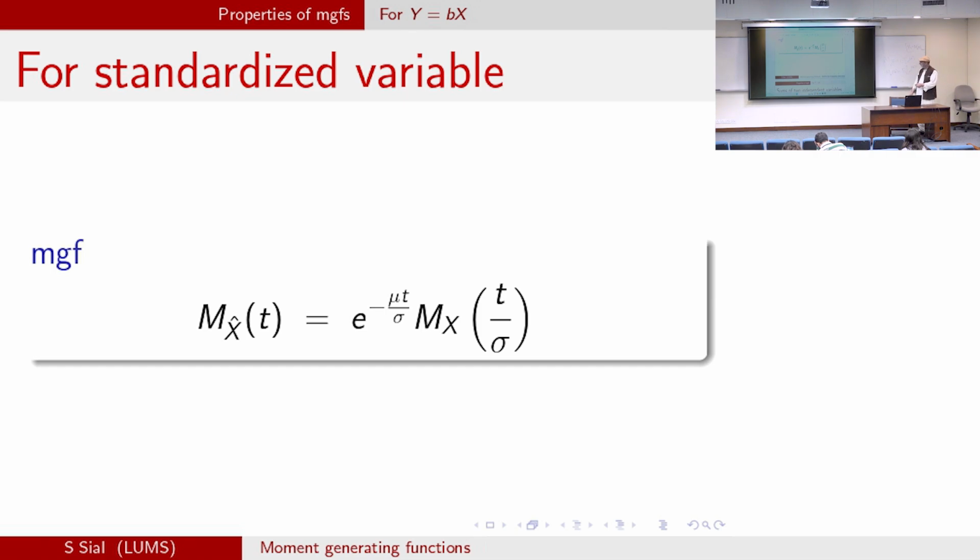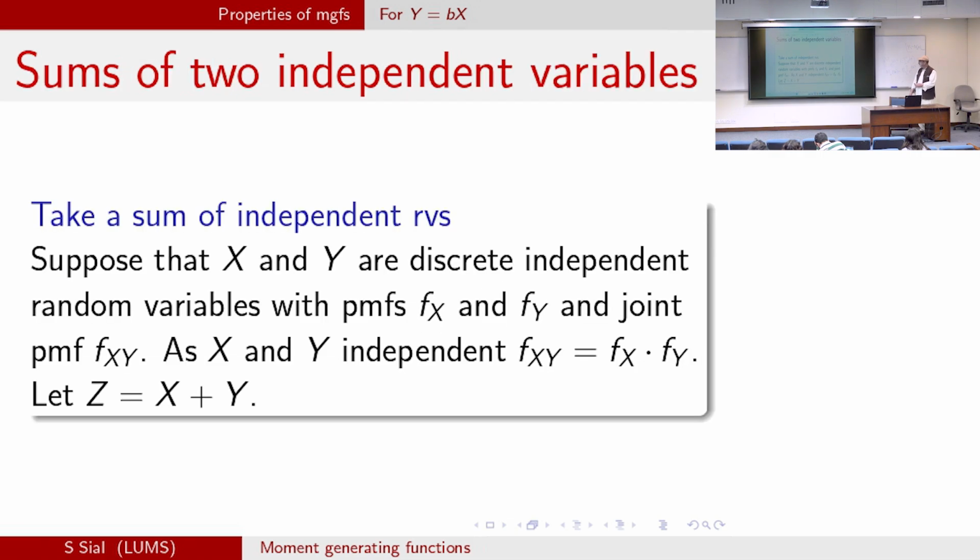So that's something that can often be useful. Why did we divide by sigma? Oh, because we're multiplying by 1 over sigma.